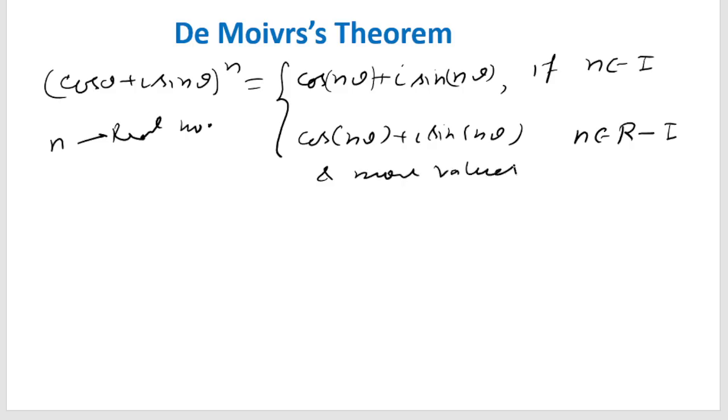So if n is not an integer, then one of the values is cos n theta plus i sin n theta, whereas if n is an integer, then the only value is cos n theta plus i sin n theta.